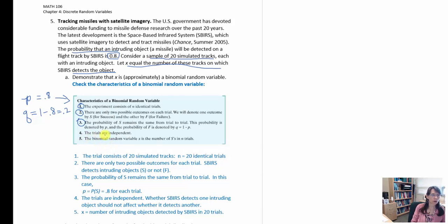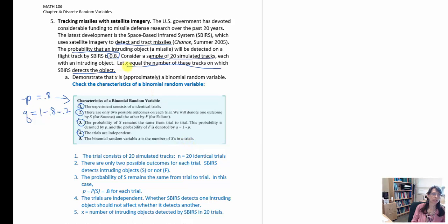Number 4, the trials are independent, and it tells us in the narrative that we have 20 simulated tracks, each with an intruding object, and that SBIRS satellite imagery will detect and track missiles. And finally, the binomial random variable X is the number of successes in n trials.